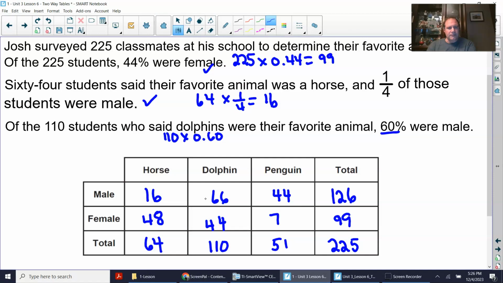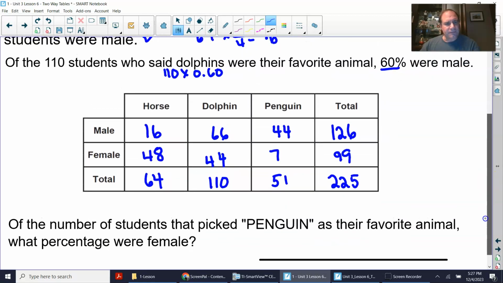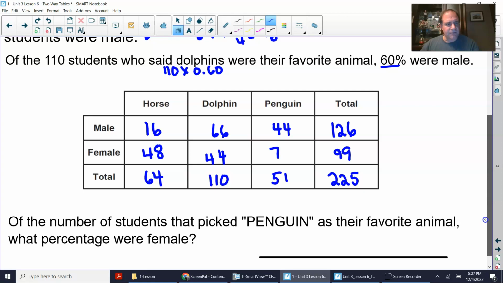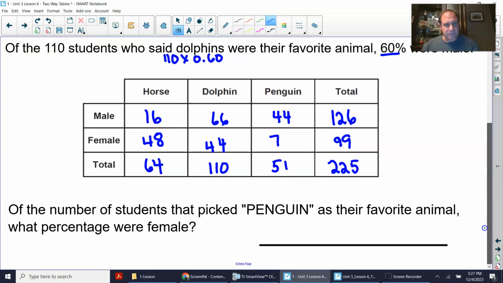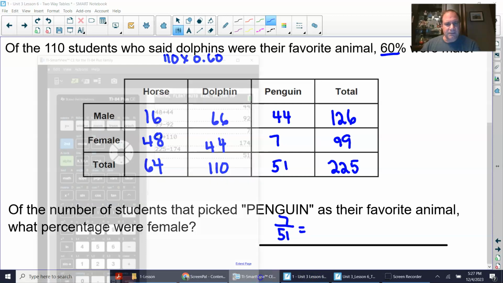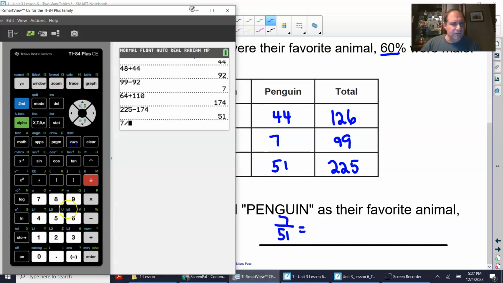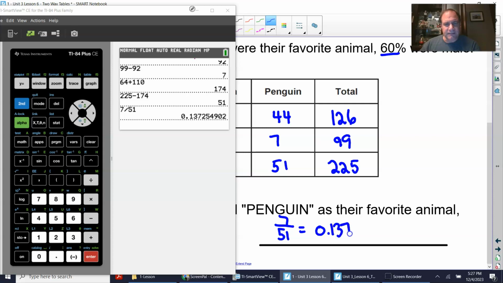All right. So that's about it. So you filled in that table. Of the number of students that picked penguin as their favorite animal, what percentage were female? So of all the students that picked penguin as their favorite animal, 51 was the total amount, and then 7 of the females picked penguin. 7 over 51 is 0.1372.